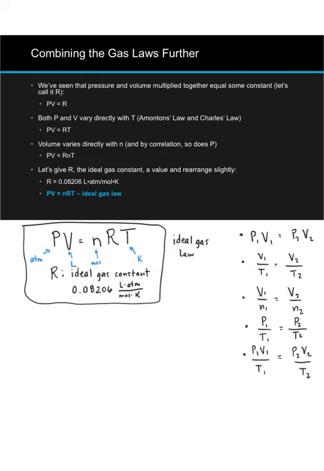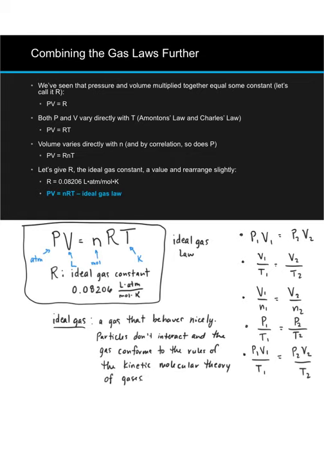Ideal gases, like their name suggests, behave ideally, which means they don't interact. More explicitly, ideal gases conform to the rules of the kinetic molecular theory of gases, which we'll explore in just a few minutes. And more globally, in this course, we will only consider ideal gases, and will reserve a discussion of real gases that don't conform to these rules in a future class.